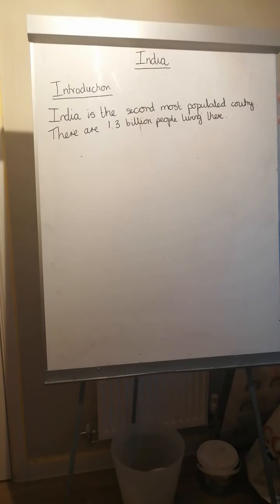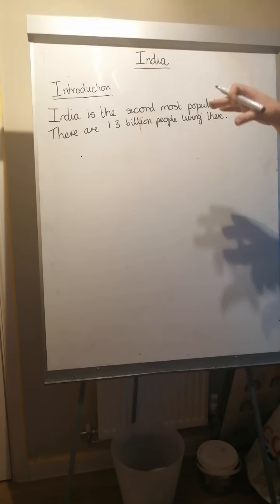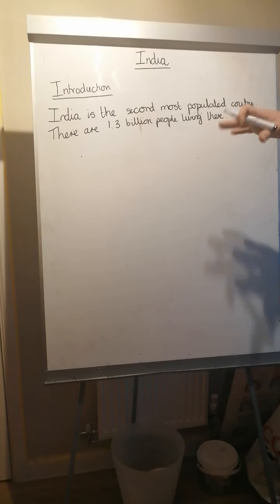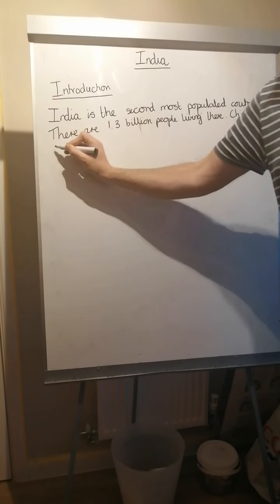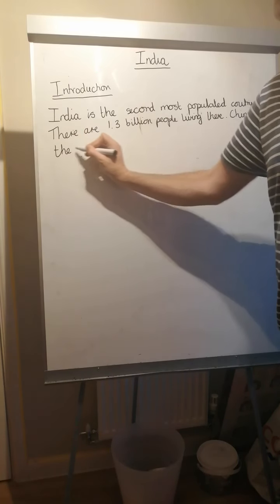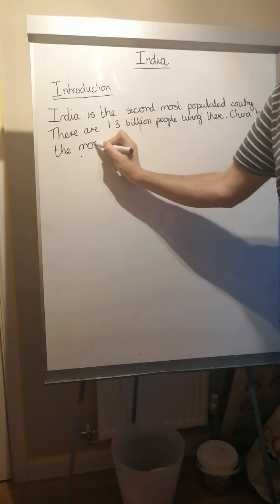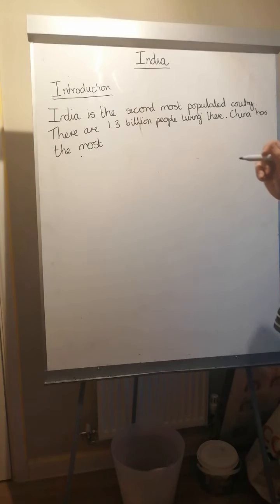I want to talk about the fact that China has the most as well. So India is the second most populated country. There are 1.3 billion people living there. China is top, or China has the most. But as we found out at school this week, they think that India will overtake them.